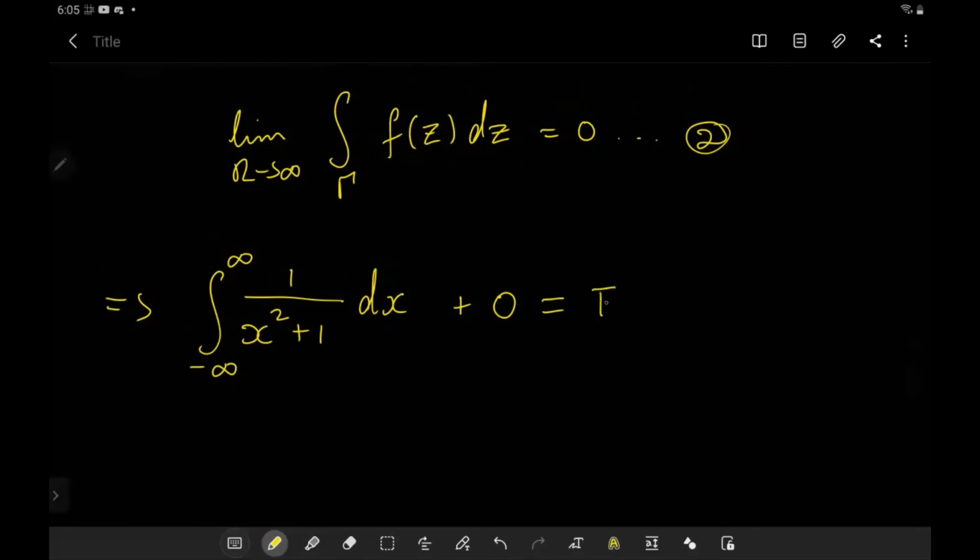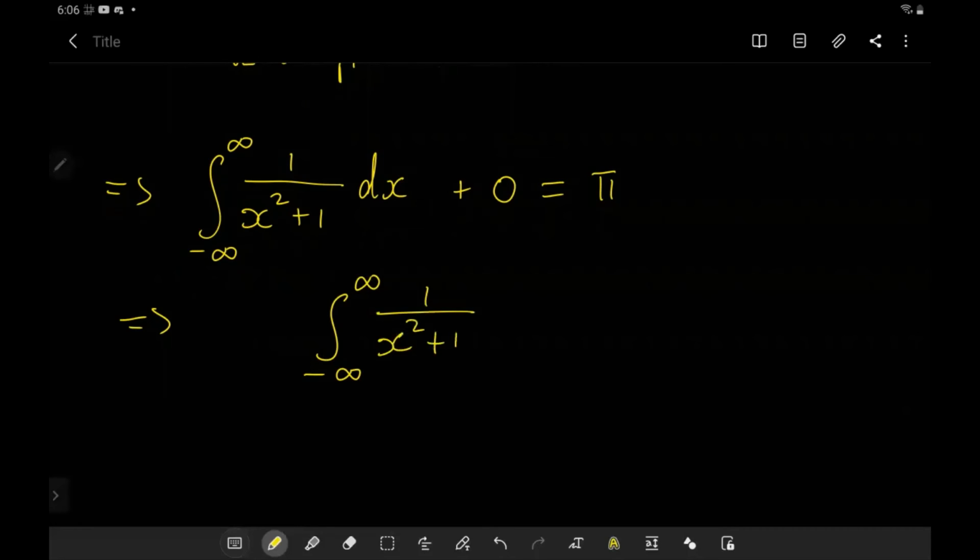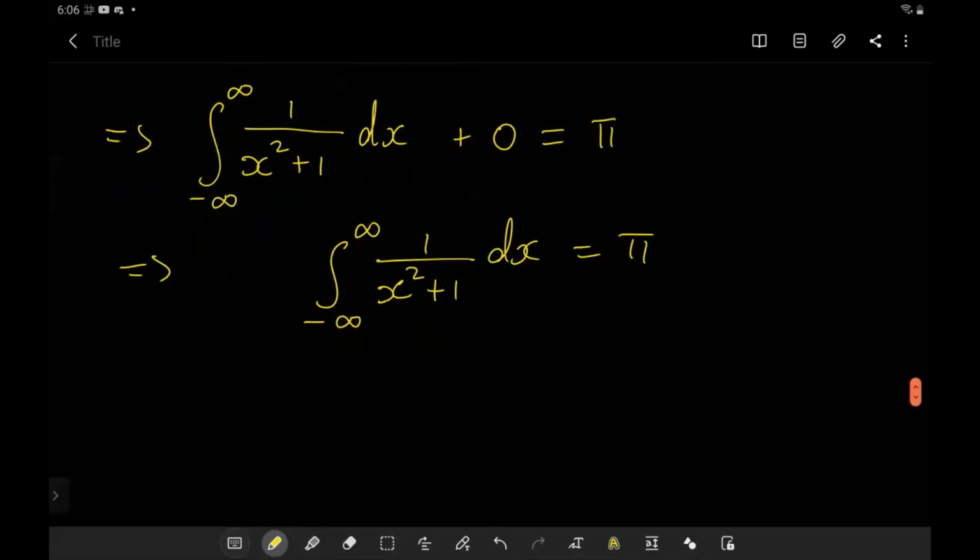That is equal to pi, which would mean, because 0 plus anything is still that thing, the integral from minus infinity to infinity of 1 over x squared plus 1 dx is equal to pi, which we found out without using any integral. All we did was use analysis.